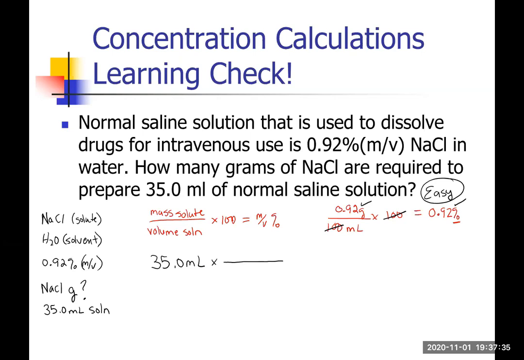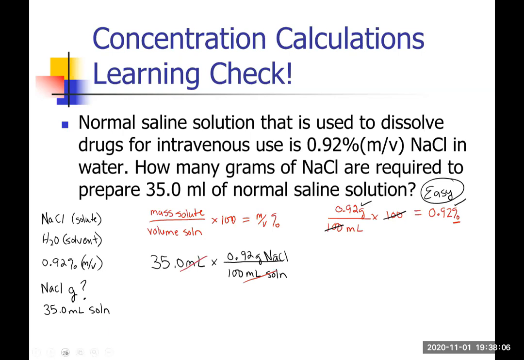If I'm thinking about the conversion factor that I just made, in 100 mils of solution, I just said it's 0.92 grams of sodium chloride, which is my solute. Now I can cross cancel mils of solution.